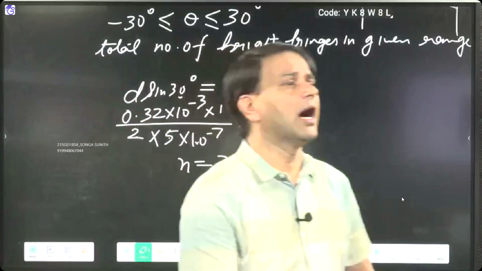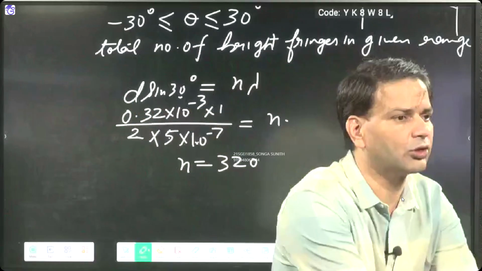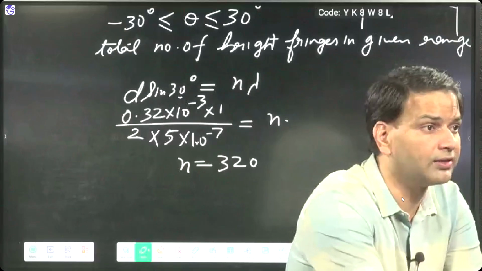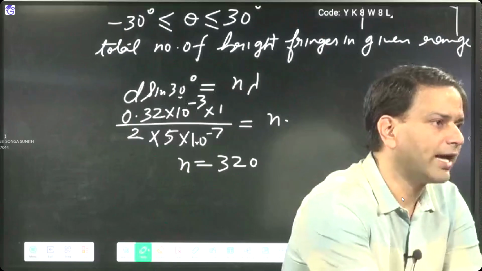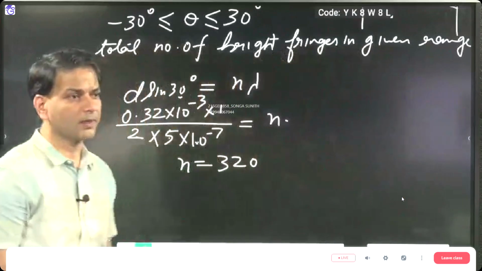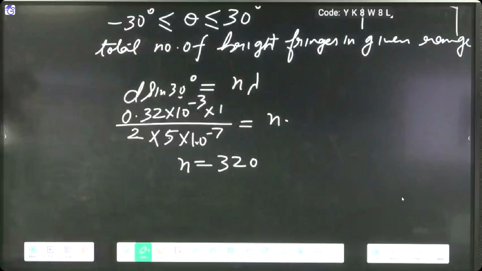But suppose after putting sin theta equal to 30 degree, the n value you get is 320.9. What n value will you take? Tell fast.